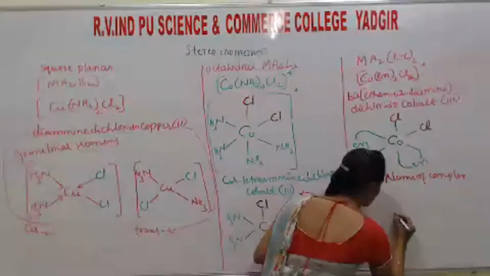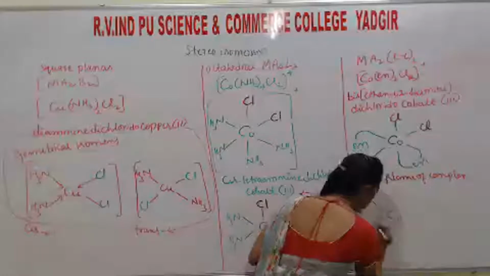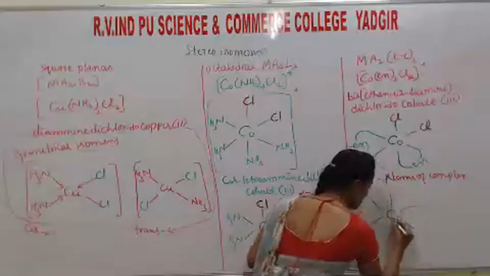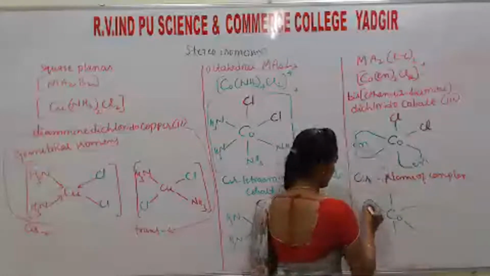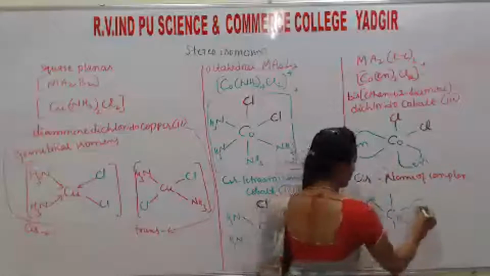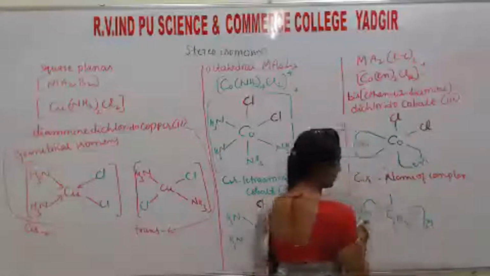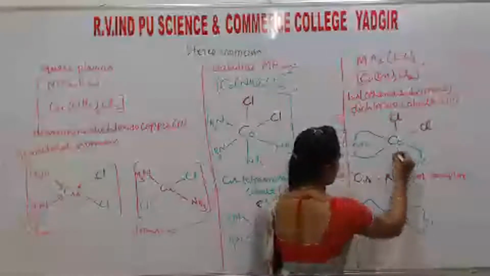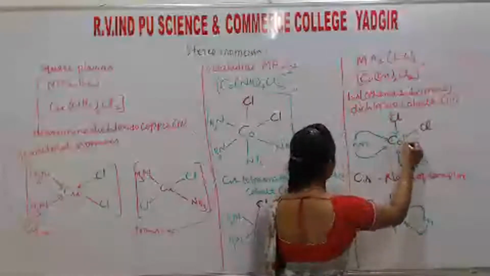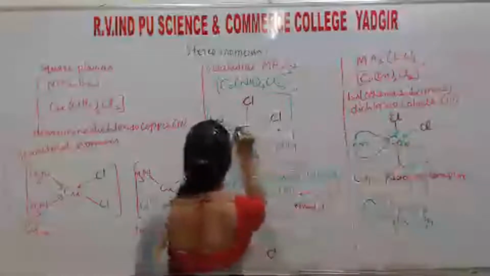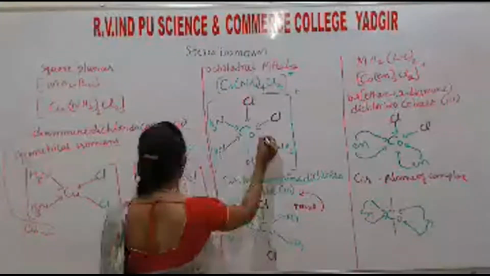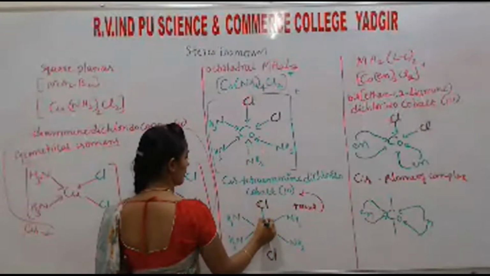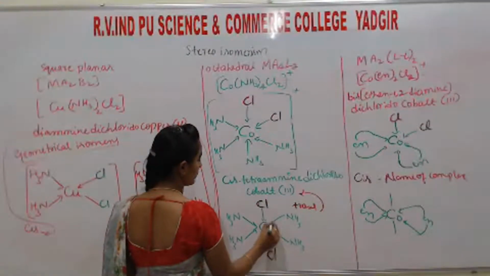Next, you want to write the structure. Again, cobalt is there. This is the octahedral structure. Here it is en, here it is en. All are coordinate bonds. Is that right, students?